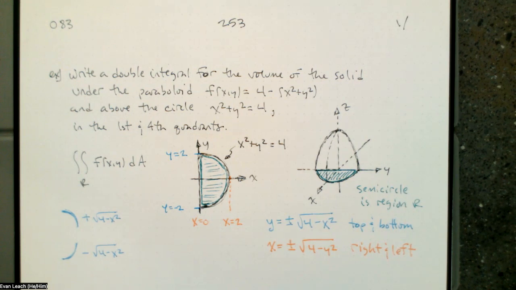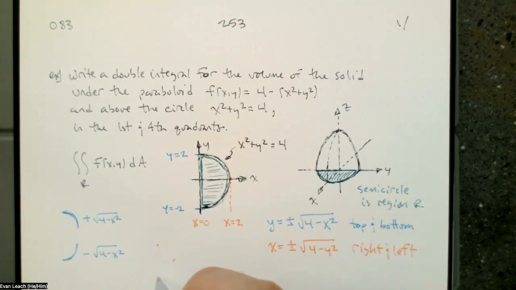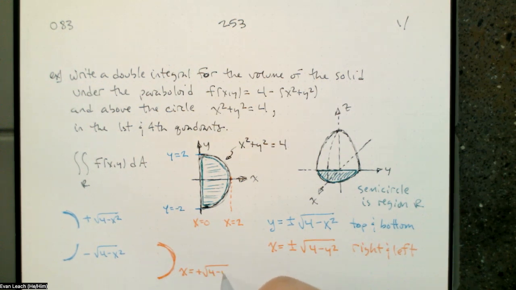But in terms of this problem, this whole semicircle is where x is positive square root of 4 minus y squared.